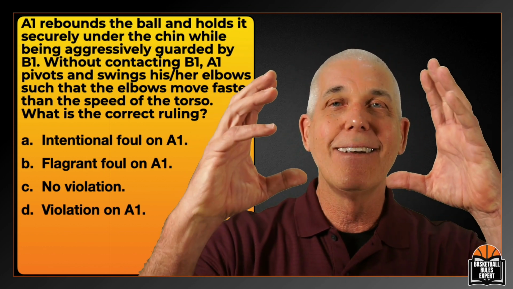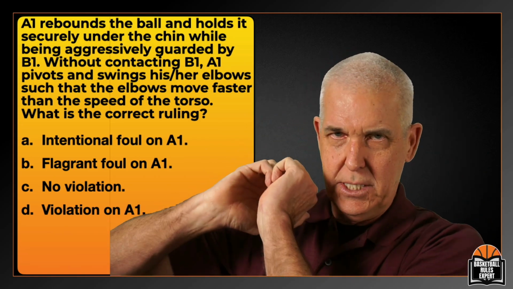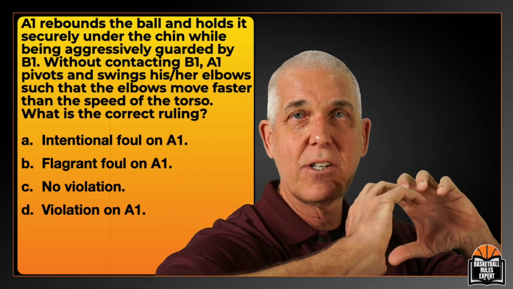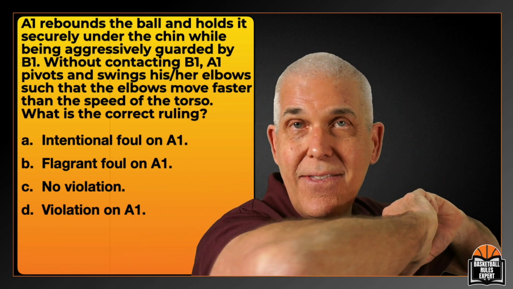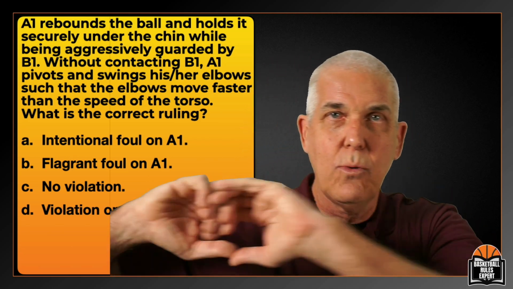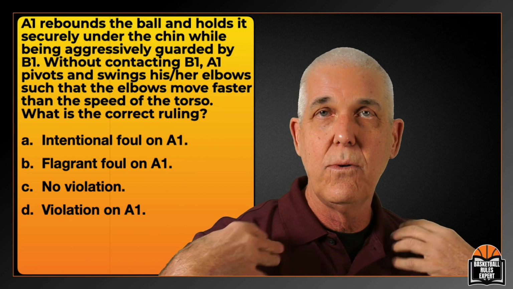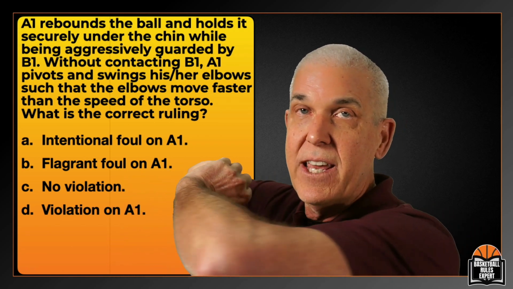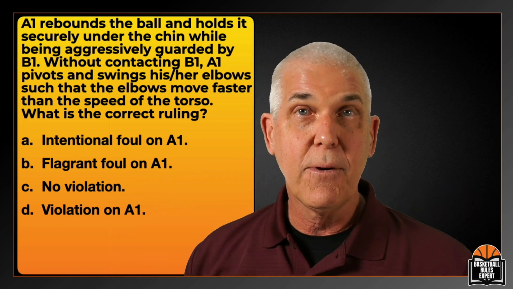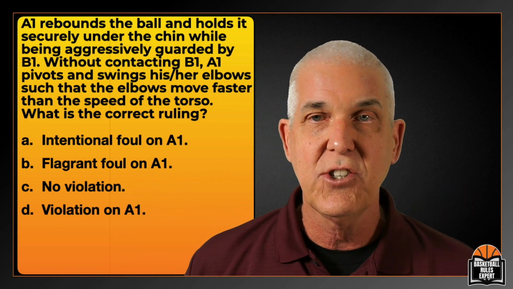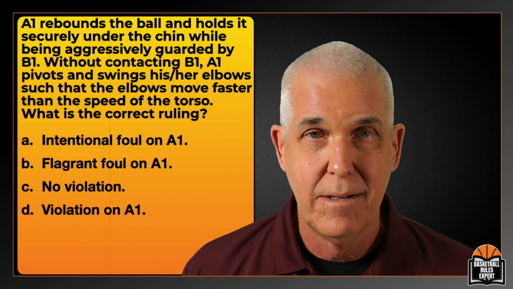So we have A1 grabbing a rebound, and as they are instructed to do, they extend their elbows to protect the basketball, and then they swing the arms, separated from their torso, right? As opposed to pivoting, they swing the arms separate from the torso in such a fashion, but there's no contact.